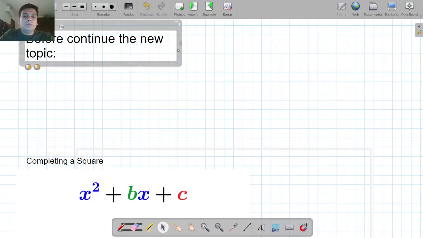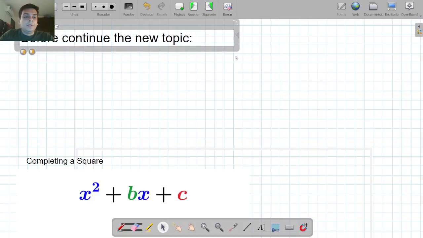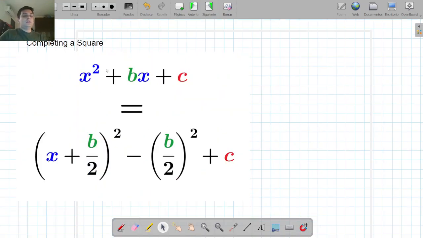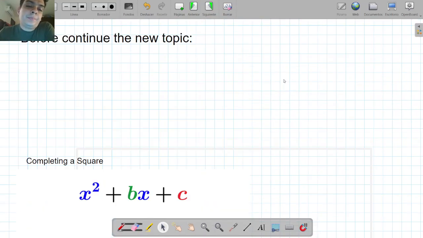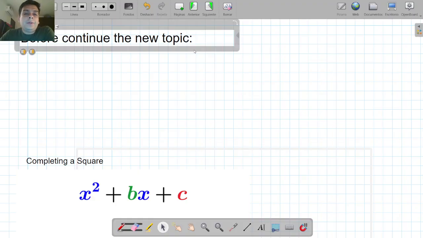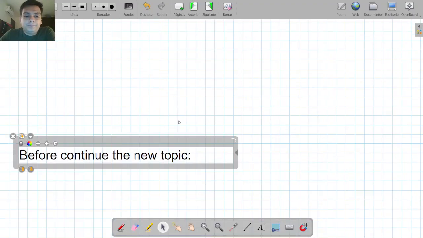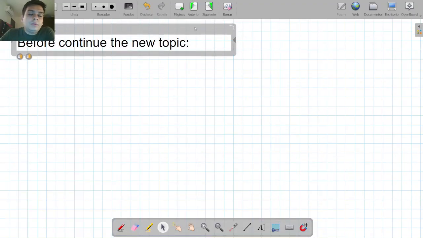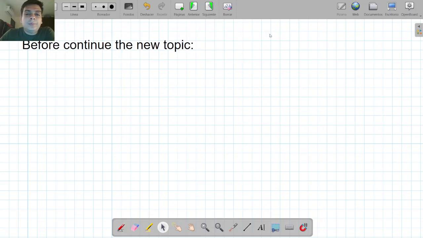we need to know something, which is called completing a square. Completing a square means the following thing. To understand that, we have to be aware of this.